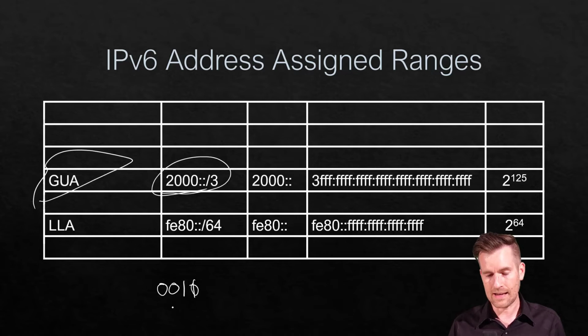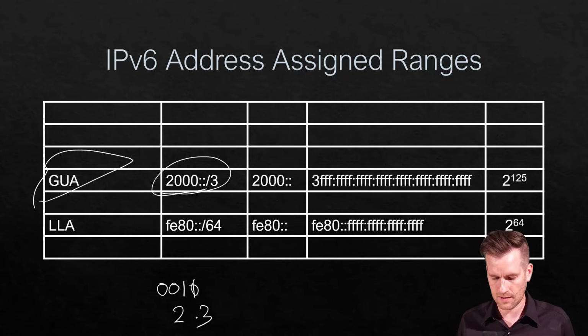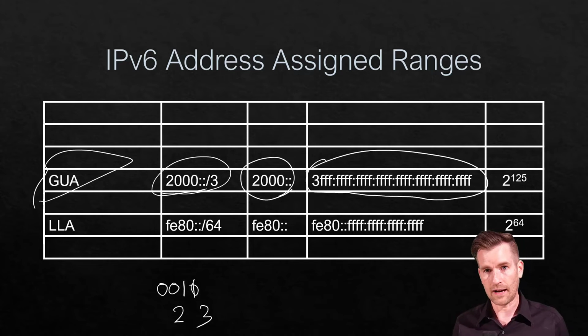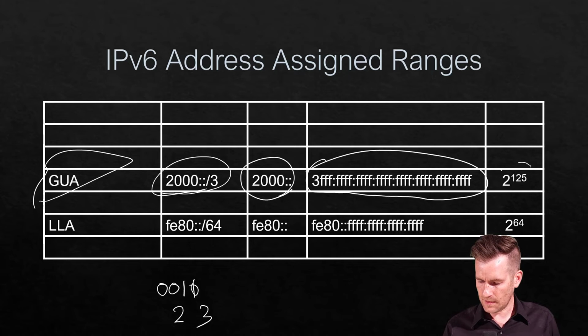So the first hex digit is either going to be a 2 or a 3. Those are the 2 possibilities there. That means our range is going to be anywhere from 2000:: to 3FFF, and then really all F's after that. That gives us a possibility of 2 to the 125th possible combinations.